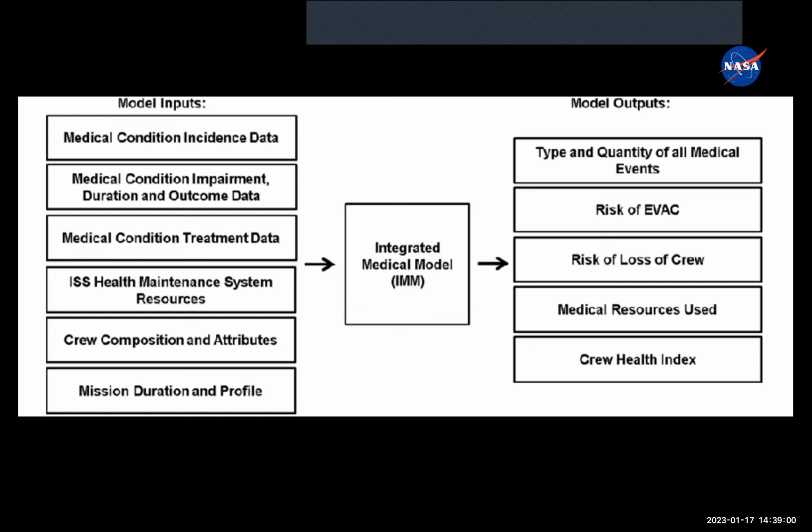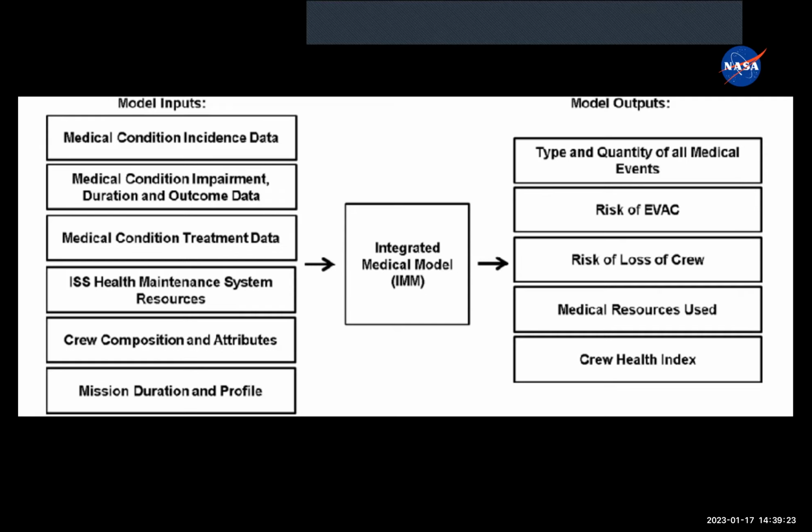This is what we have on station. And then we enter our different variables. How many crew are going? 3 people, 6 people, more? What is the duration of our mission? Is it 9 months? And then we look at the likelihood of incidence of various medical events. And then we input our tolerability limits for loss of mission, loss of crew. And then that gives us our kit contents.